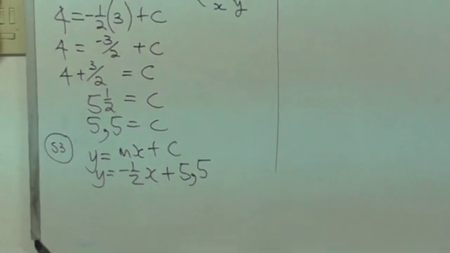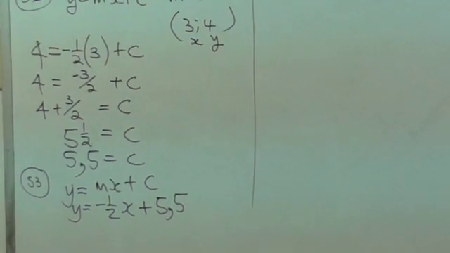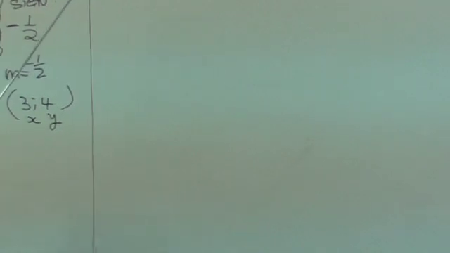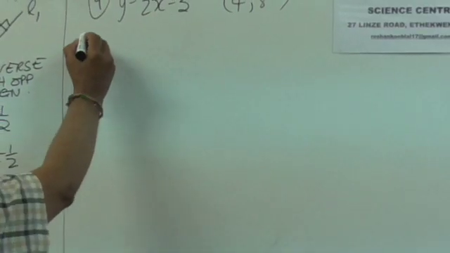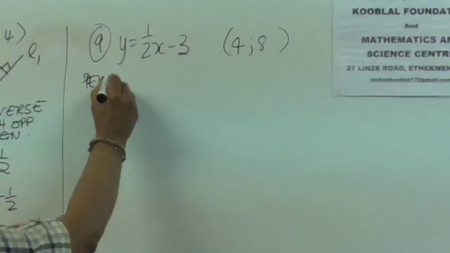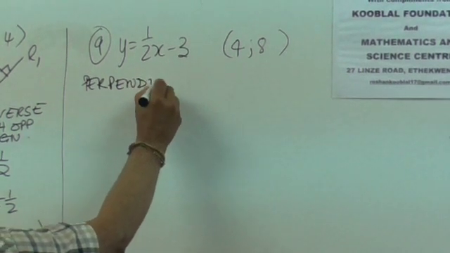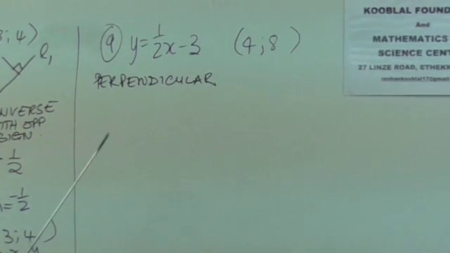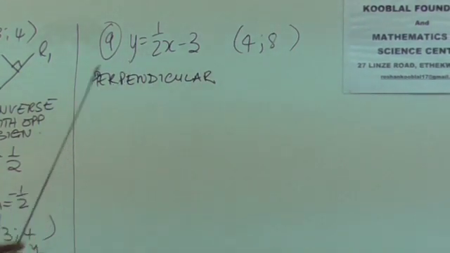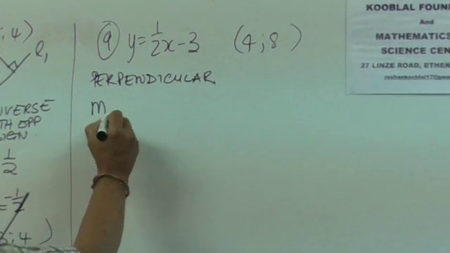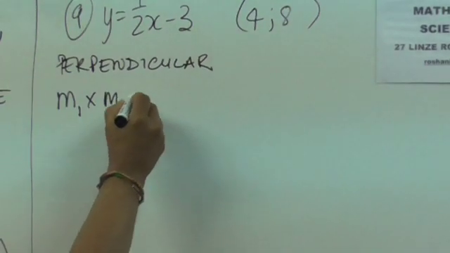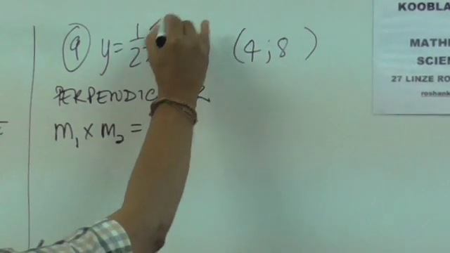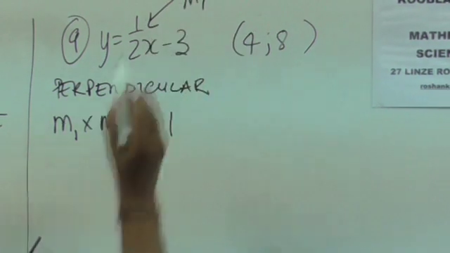Now we move to number 9. Once again, we're talking about perpendicular lines. Therefore, the gradient 1 times gradient 2 is equal to minus 1.